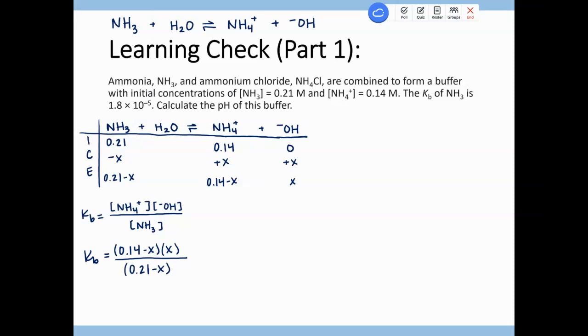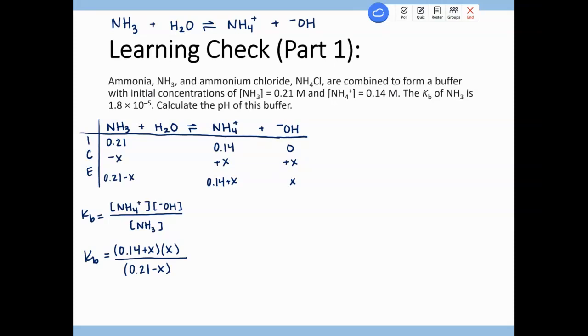For NH4 plus, that should be 0.14 plus X.